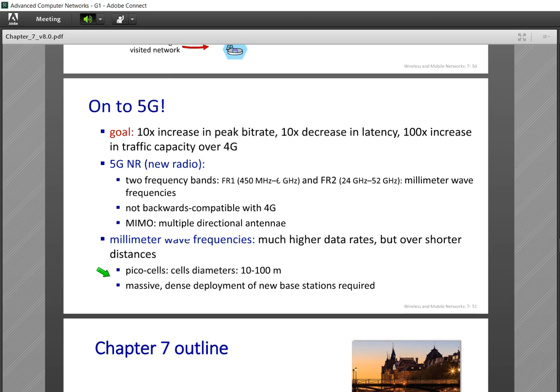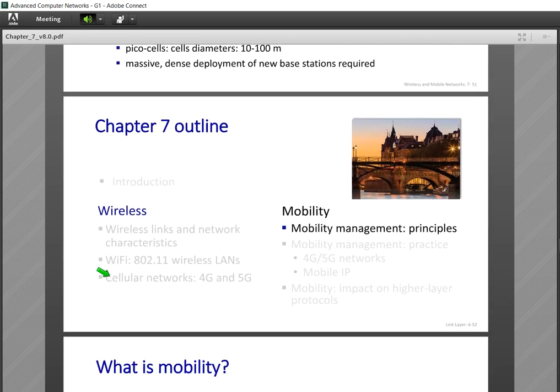So I'm using picocells, and the main question is this: how can I control those picocells, especially in mobility aspects? Okay.